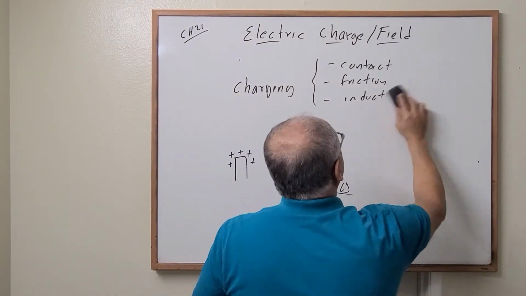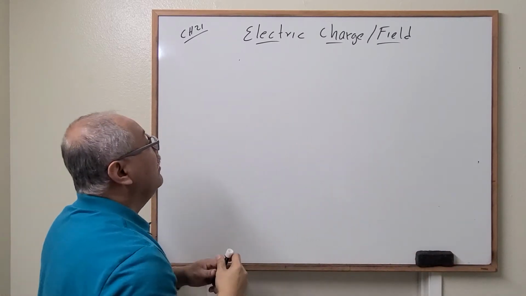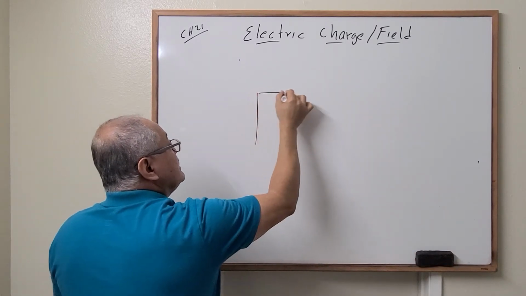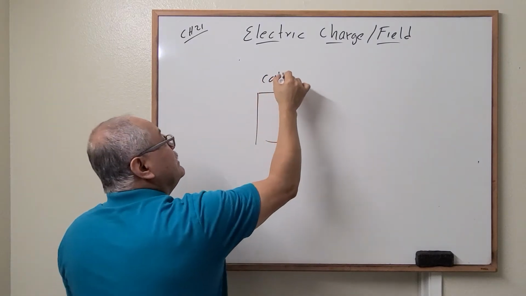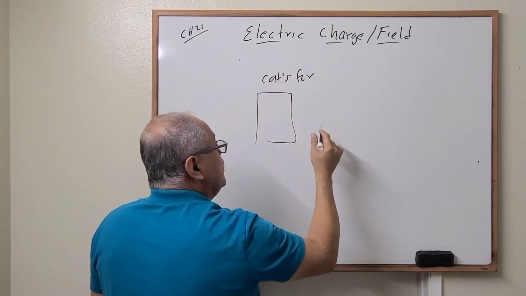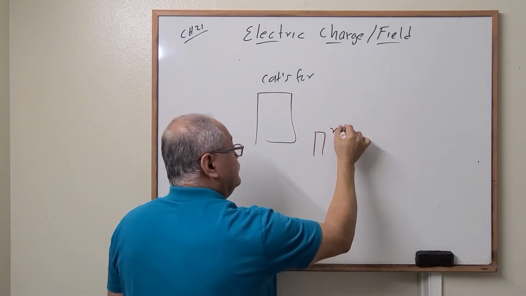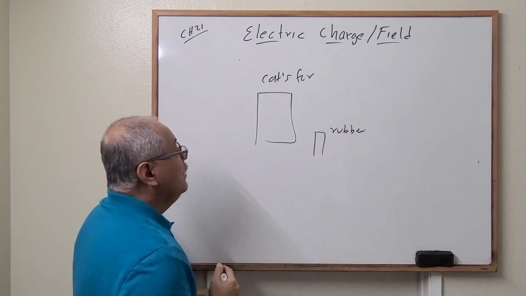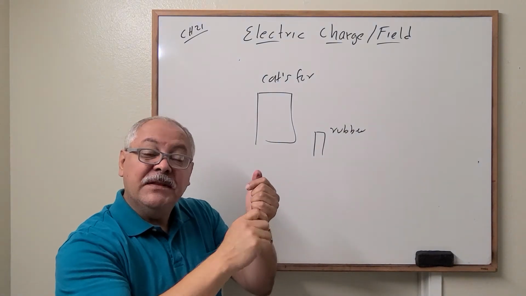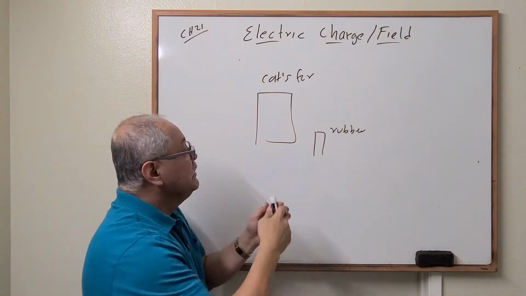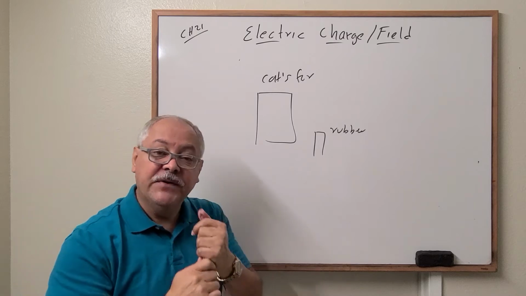The convention is that if we have a cat fur, we can use cat or rabbit fur, and we have plastic or we have rubber, when we rub these two materials, they become charged by friction.